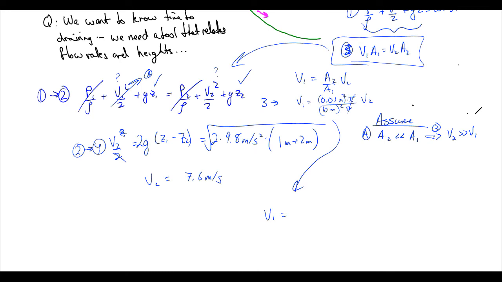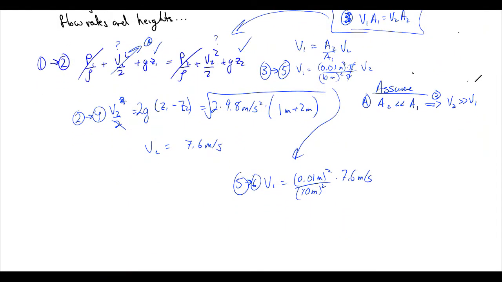We know that V1 is equal to essentially 0.01 meters squared over 10 meters squared times 7.6 meters per second, and we can solve and find out that V1 is equal to 7.8 times 10 to the negative 6 meters per second.